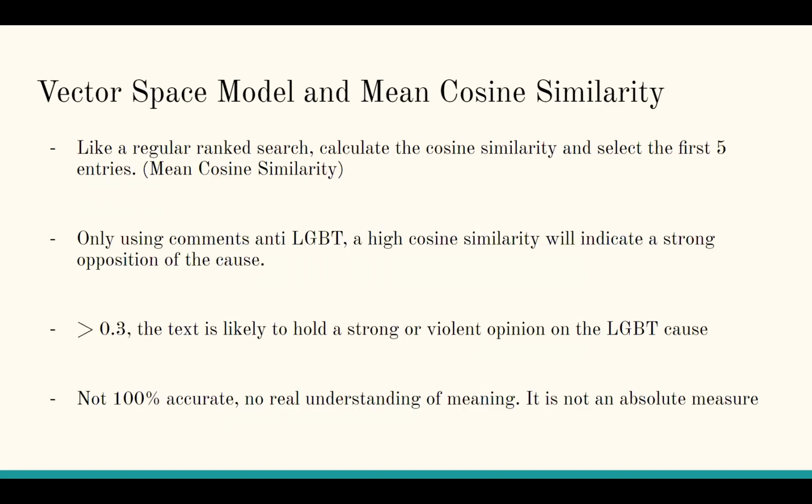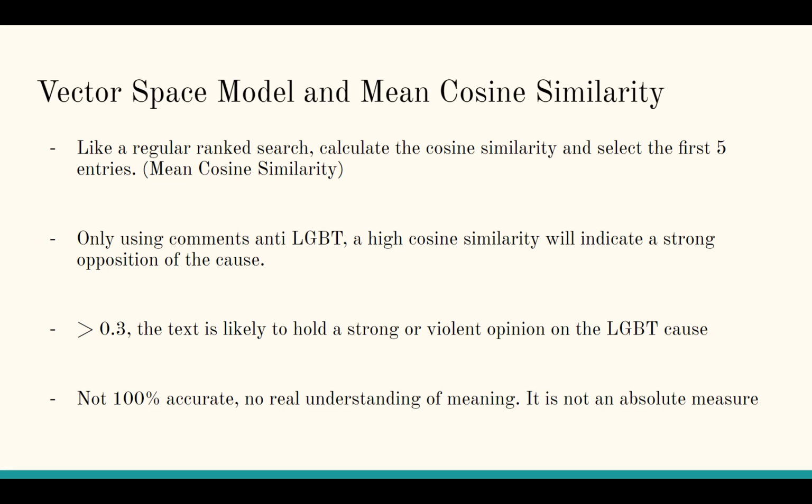Like in a regular ranked search, you insert a query and it will calculate the cosine similarity of this query with the vector space model. And then we selected the first 5 entries to get what we call the mean cosine similarity. So we get the average cosine similarity of these first 5 entries.